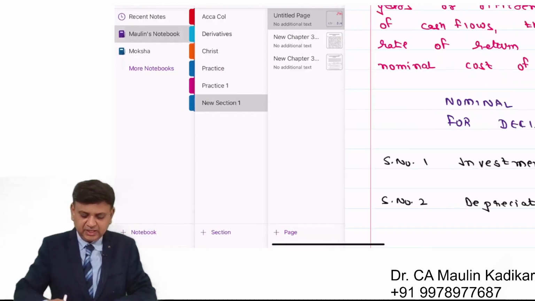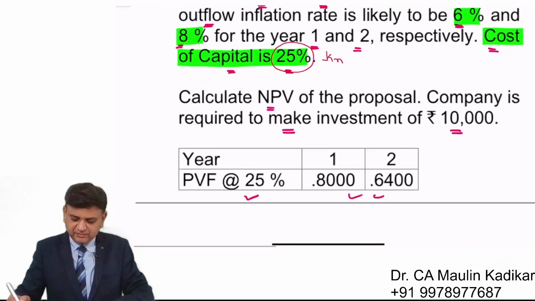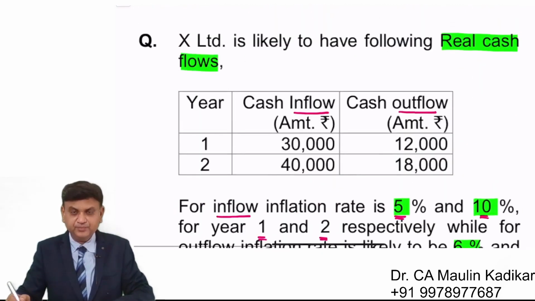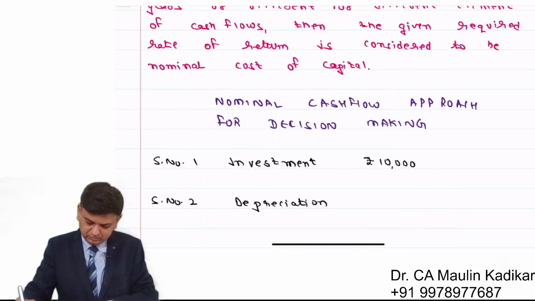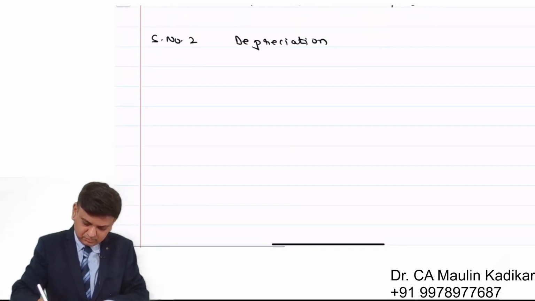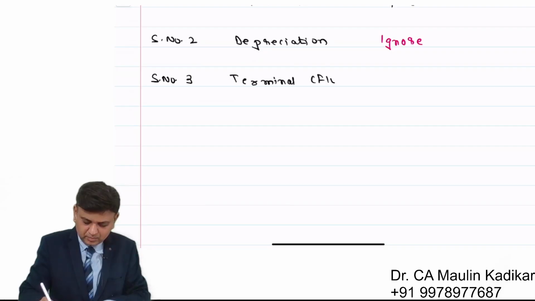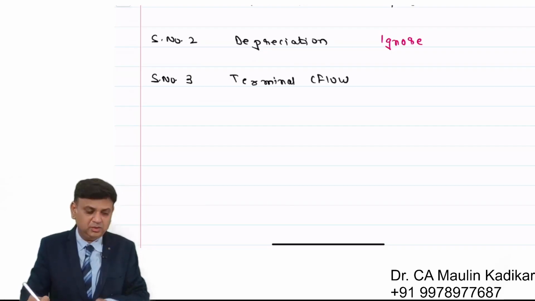Friends, over here we can see that directly or indirectly we have not been given any tax information. So we'll ignore depreciation. Step number three, terminal cash flow.